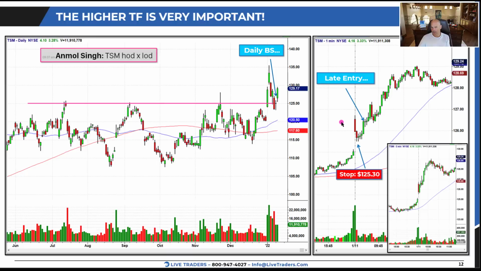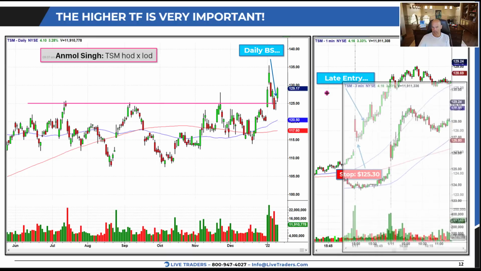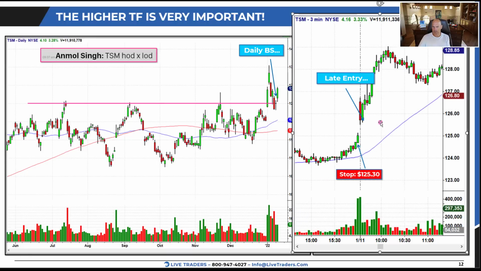Oh my gosh, what is this? What did you say, Jared? There. And what do we have here? I just blew up the 3-minute chart. And what do you have? Turnaround bar, right? So it's either a bottoming tail or turnaround bar.